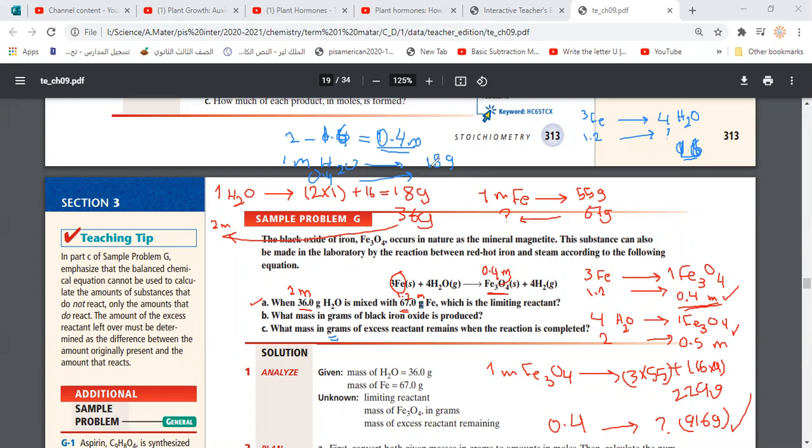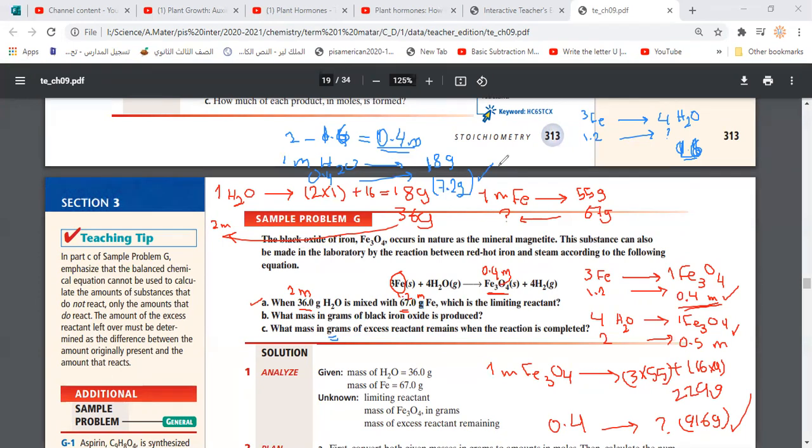So it equals 7.2 gram. That's the amount of water which is left.